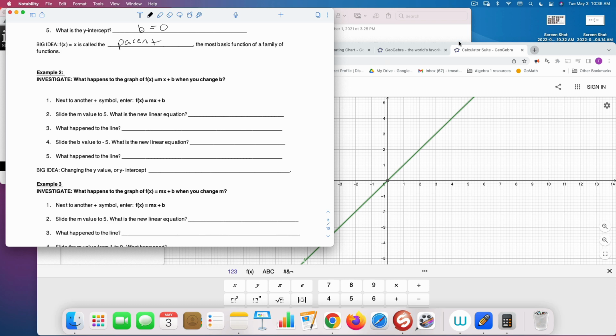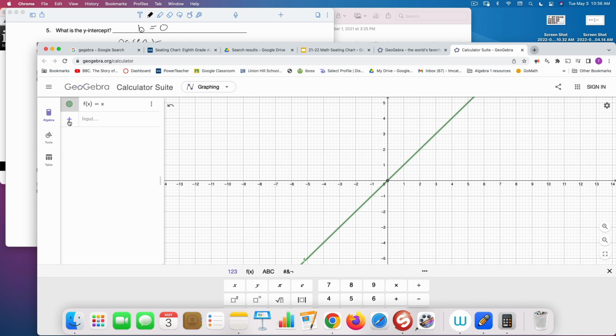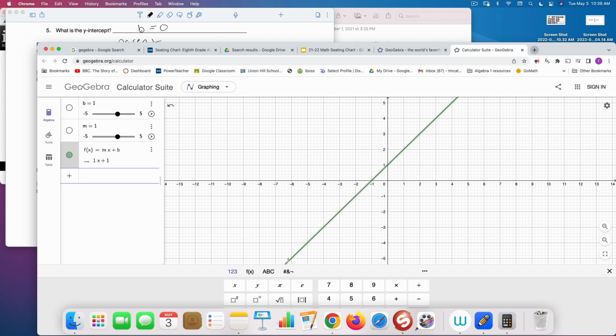Next to another plus symbol, we're going to type in f of x equals mx plus b. So you should hit the plus sign. Next to it, you're going to type in f of x equals mx plus b and hit enter.